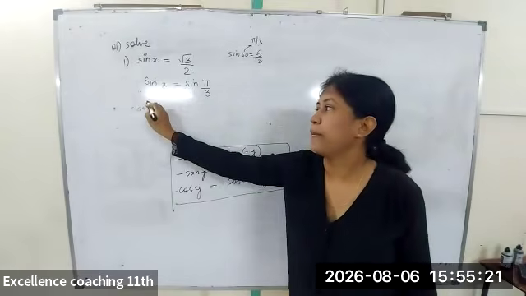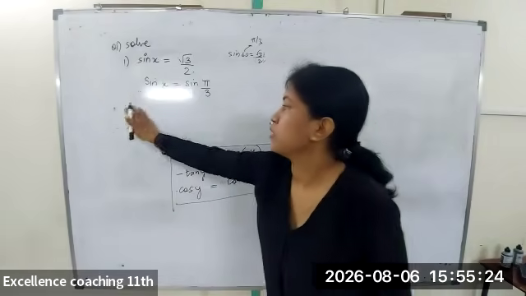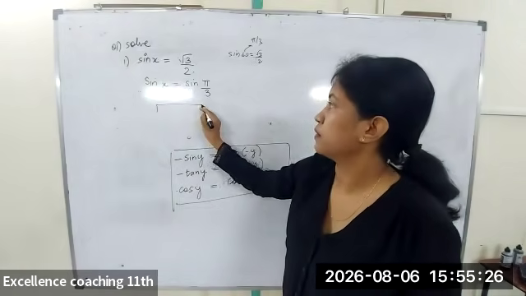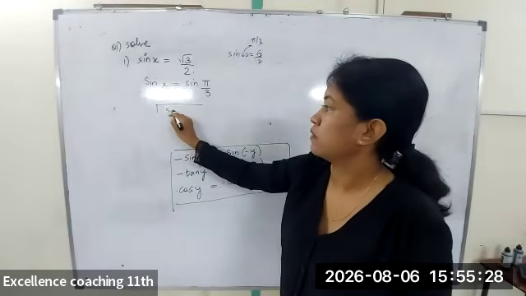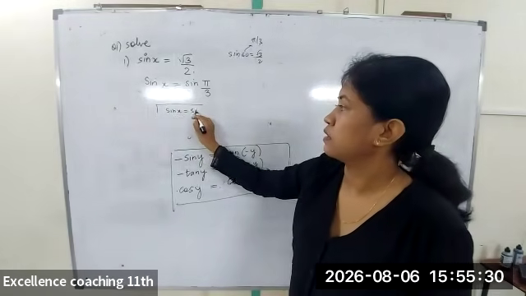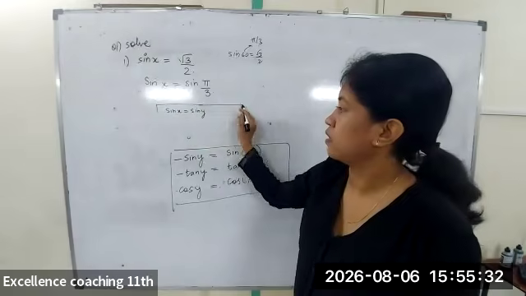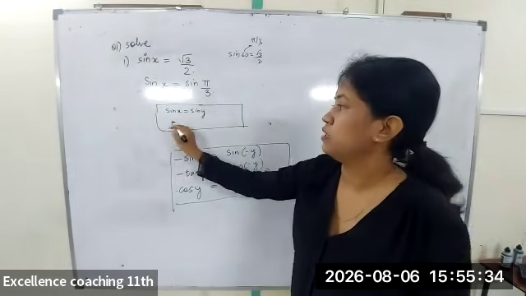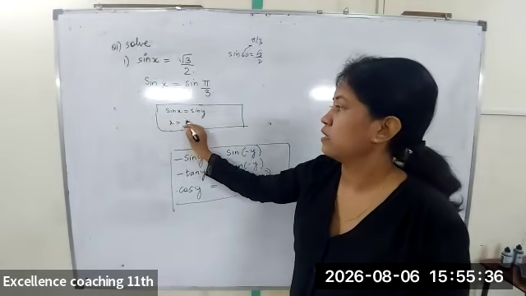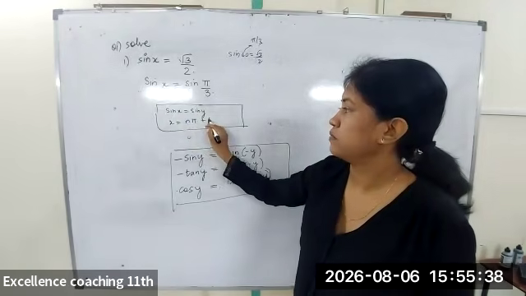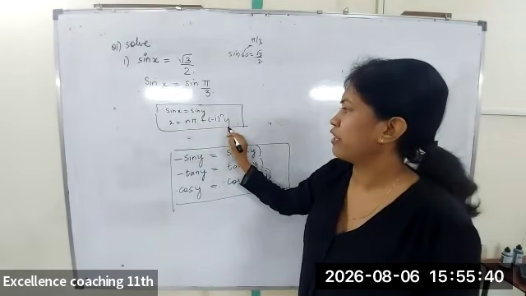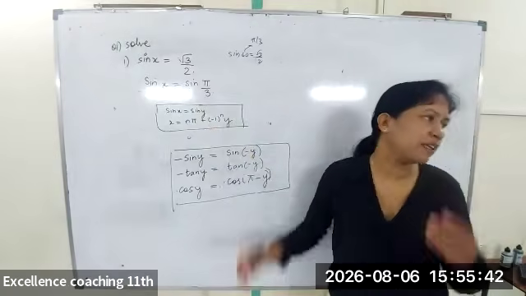Then we have to compare it with this formula. What is the solution? x is n pi. So right now you have to look into the table and find, later you have to mention.